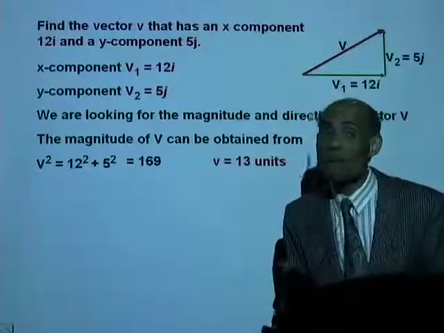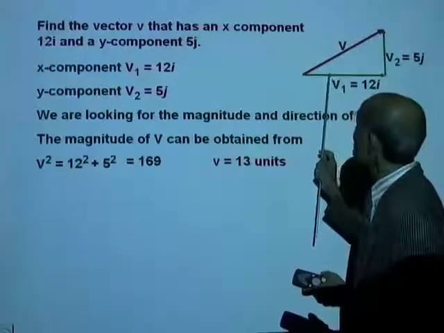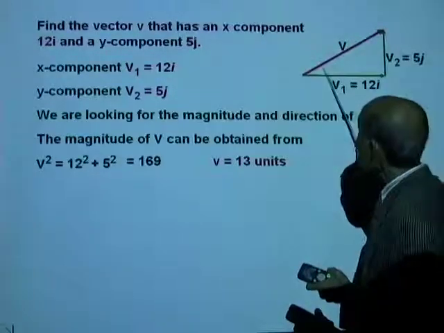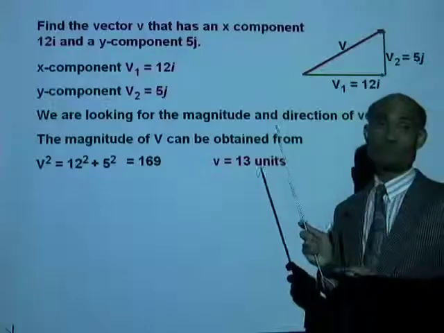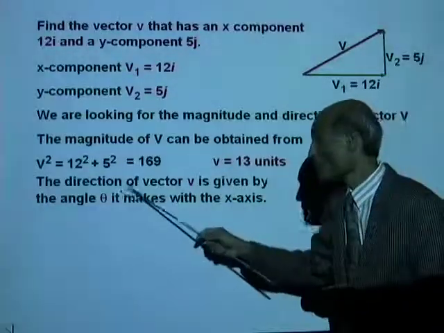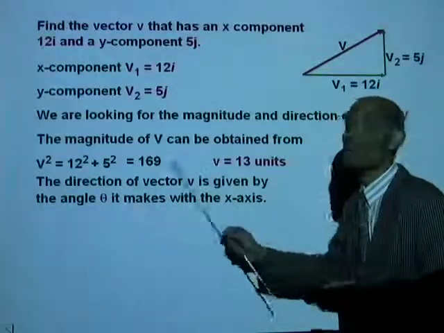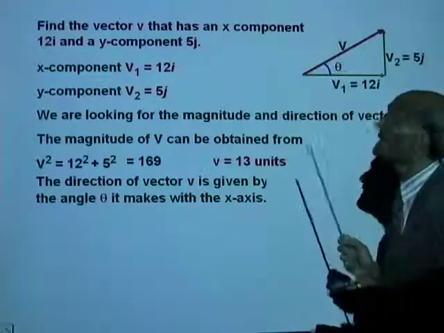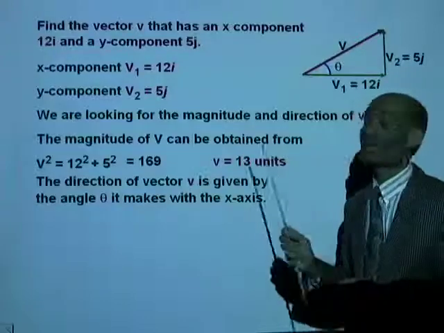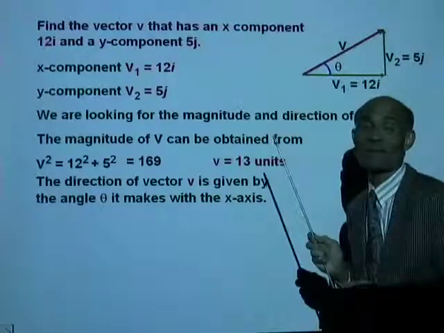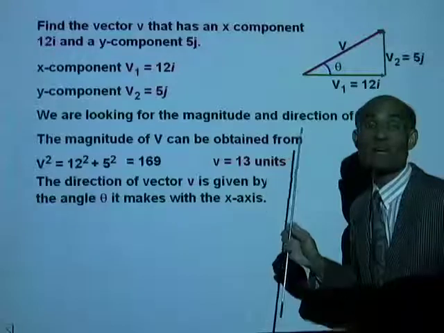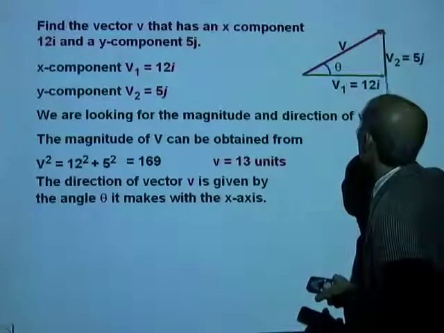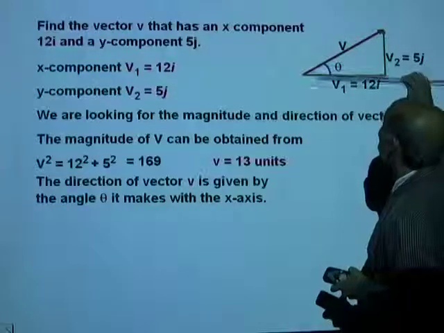We now need to find the angle. Anybody suggest to me how to find the angle this vector makes with the x-axis? The direction of vector v is given by the angle theta it makes with the x-axis. And how do we find that angle theta? The simplest way to find that angle is to take the ratio of the opposite side to the adjacent side.